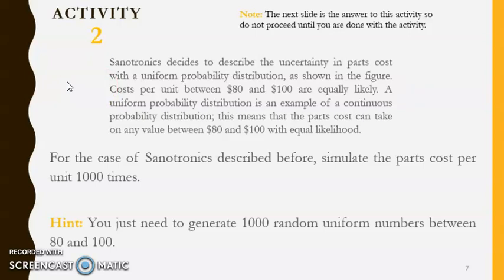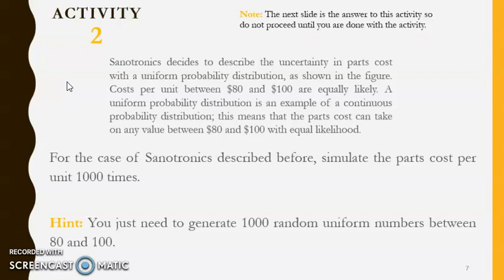It says Sanatronics decides to describe the uncertainty in parts cost with a uniform probability distribution, the one that we just learned to simulate. As shown in the figure, forget about the figure, it is about last week, cost per unit between 80 and 100 is equally likely. So it means it is uniform.